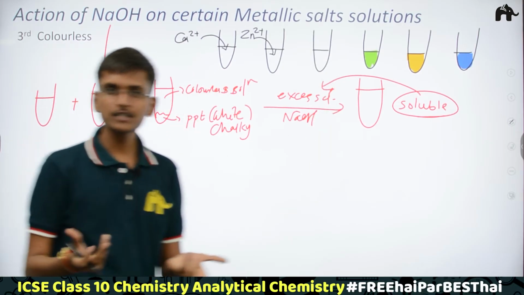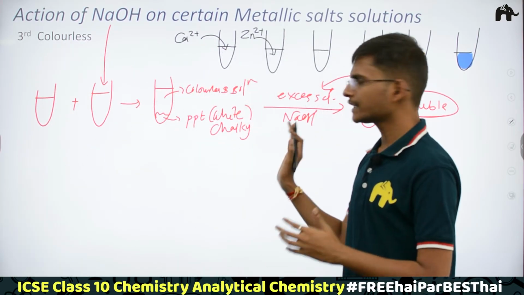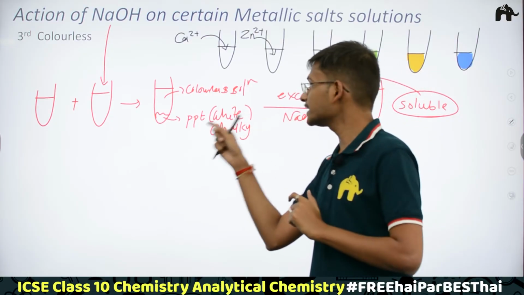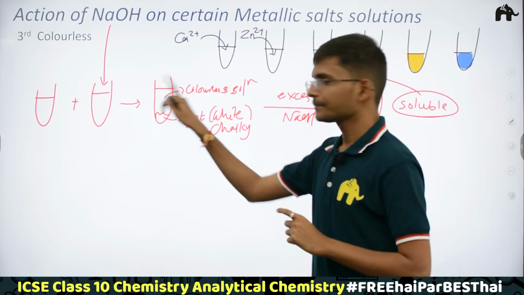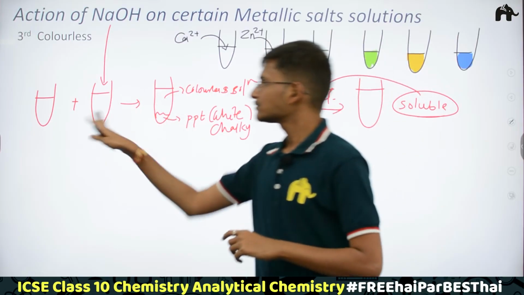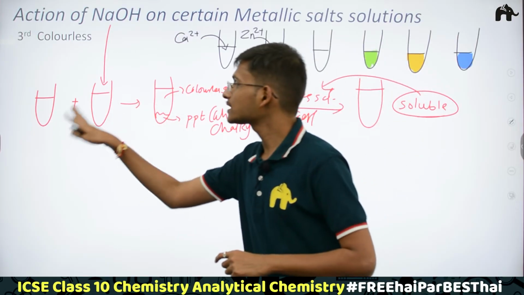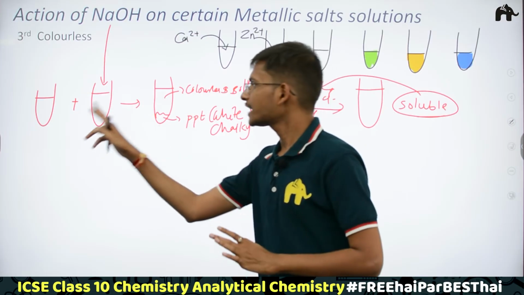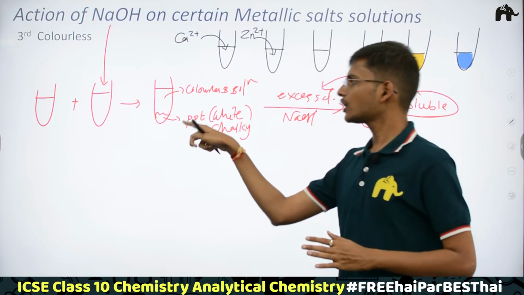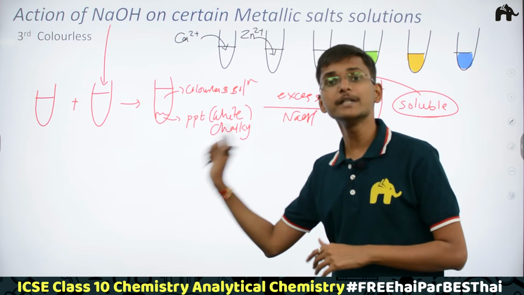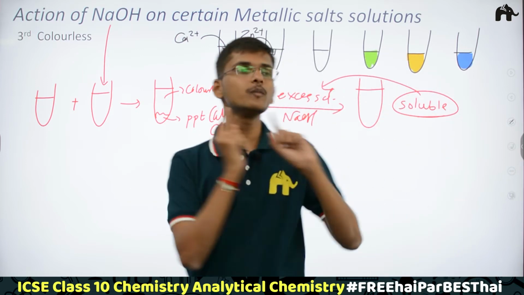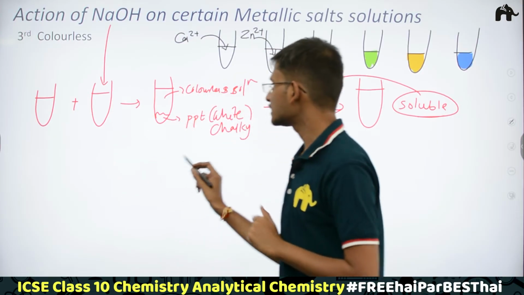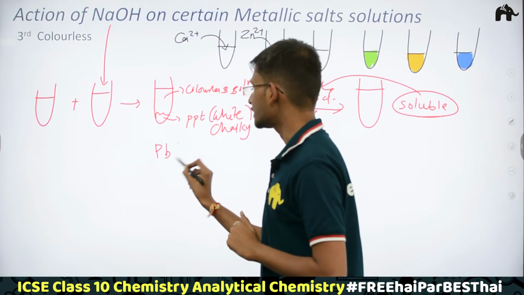Now let's see the reactions. The same way we are going to figure it out, but before that we need to remember which PPT this is. Throughout this process, if we are adding NaOH solution into this colorless metallic salt solution, and we are getting a colorless solution along with a white chalky PPT which is soluble in excess of NaOH, then such precipitate is lead hydroxide.